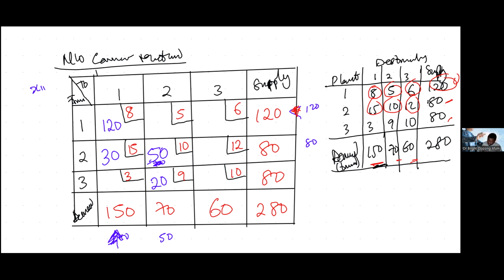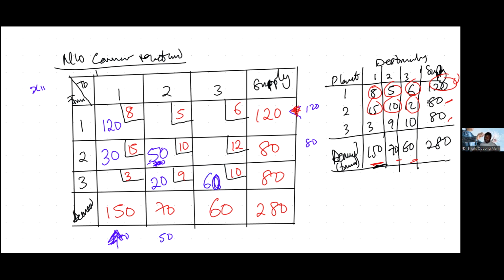So the next one will be allocating in this diagonal section. How much do I have here? I have 60, and 80 minus 20 is also 60. So I can only allocate 60 here.